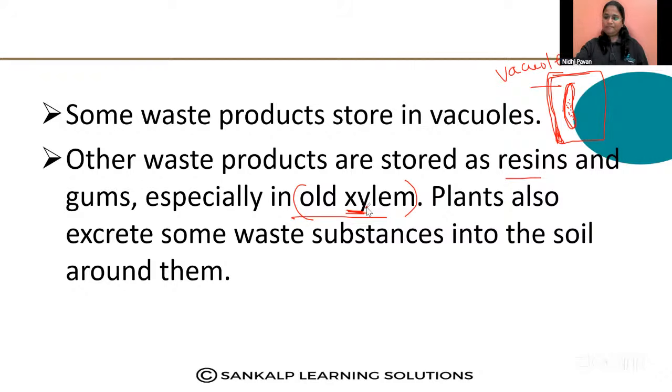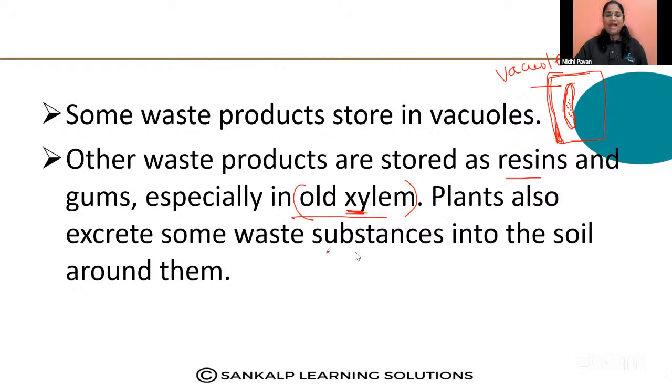Anyone? Supply of water. Very good. So along with that, the xylem which are old, they will also store the resins and gums.